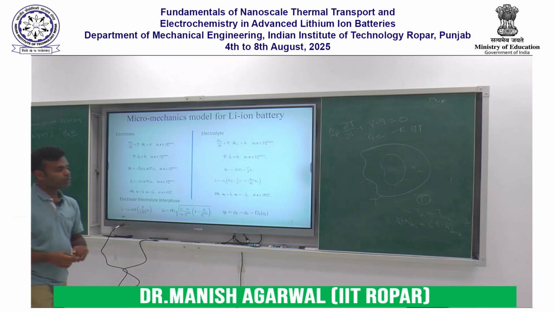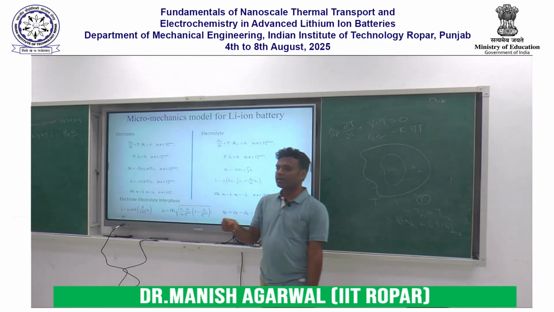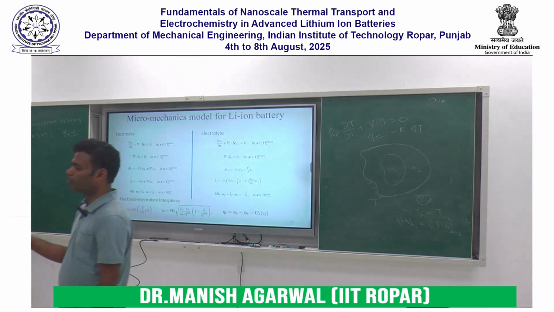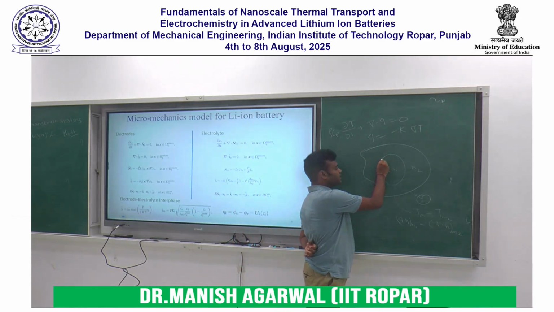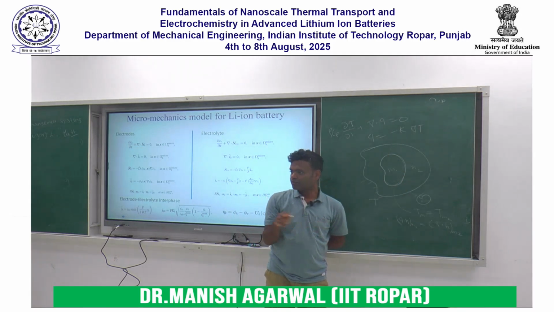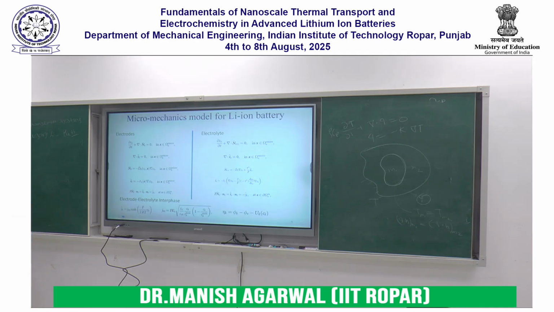Now let me make the problem slightly more complicated, okay? Now let's say there is some kind of heat source. Let's say I inserted some kind of wire, and I am flowing current. So now there is going to be some kind of localized heating at the interface, which is going to be given by some formula like I square R. It doesn't matter.